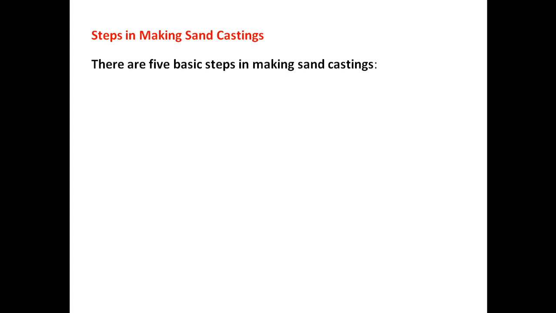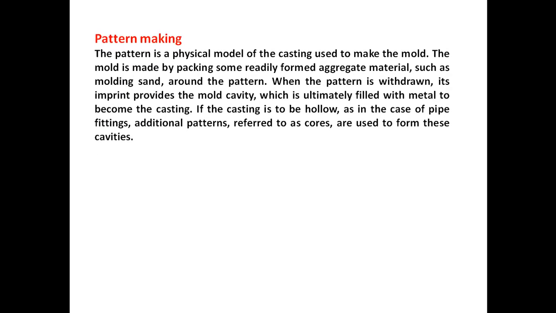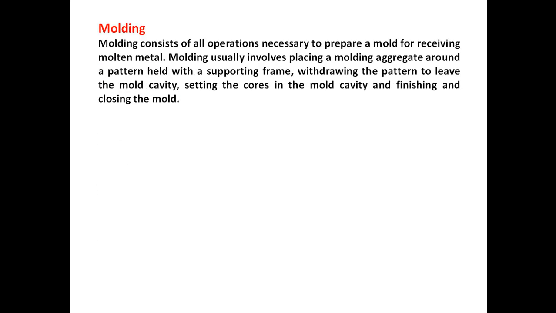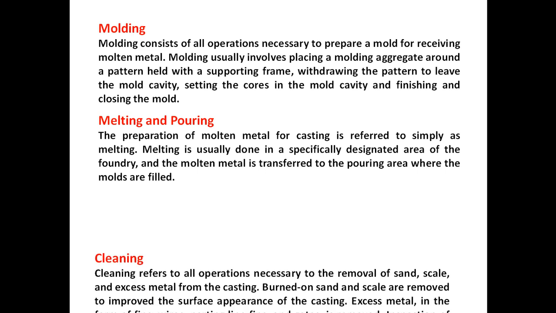So 5 basic steps in sand casting: pattern making, core making, molding process, melting and pouring process, cleaning process. Again they are discussed in detail: how pattern making is done, how core making is done, how molding is done, melting and pouring, and finally cleaning.